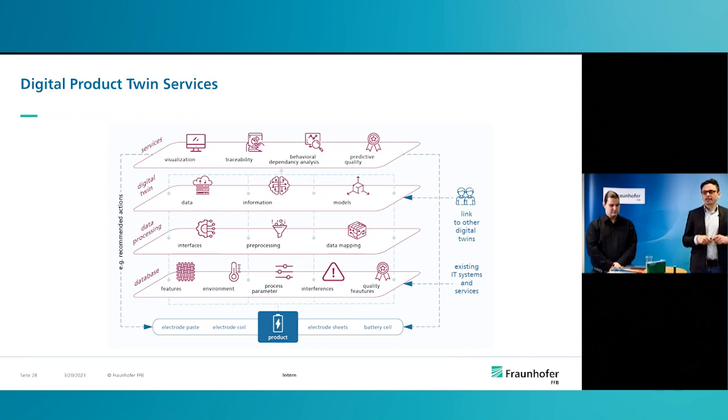So we have the database that covers all of the elements that are specifically relevant for the product, so for the battery cell in the end, whether it's a prismatic cell that I showed earlier, whether it's a pouch cell, or whether it's a round cell.